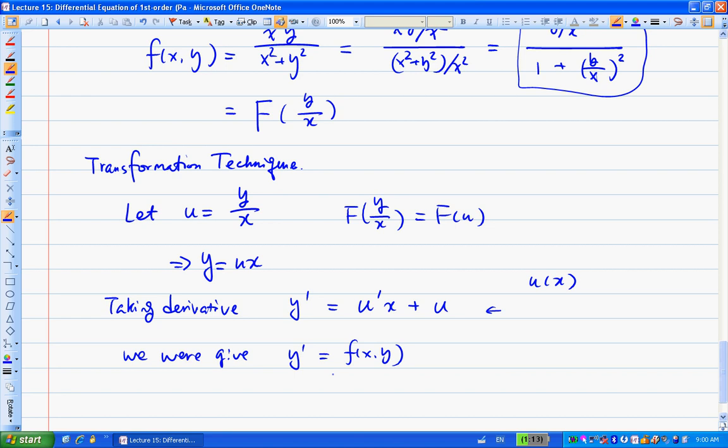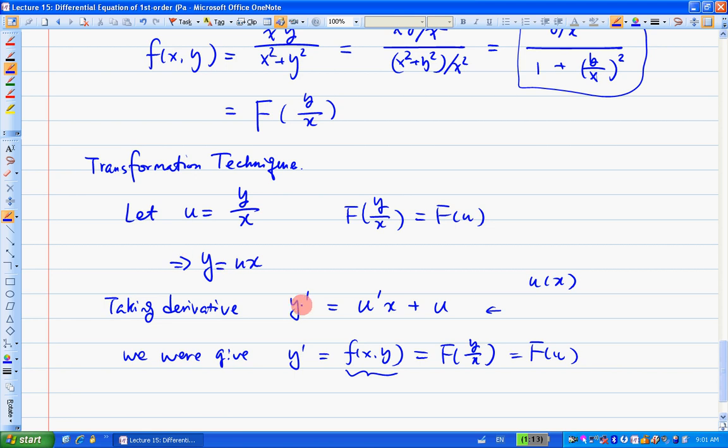This is what the question will give you, and you're required to solve this one. When f(x, y) can be written into this format, f(x, y) is this, and we're defining u equal to this, so that's basically this. So this is given, and this is what you derived based on your transformation from y, x to u.